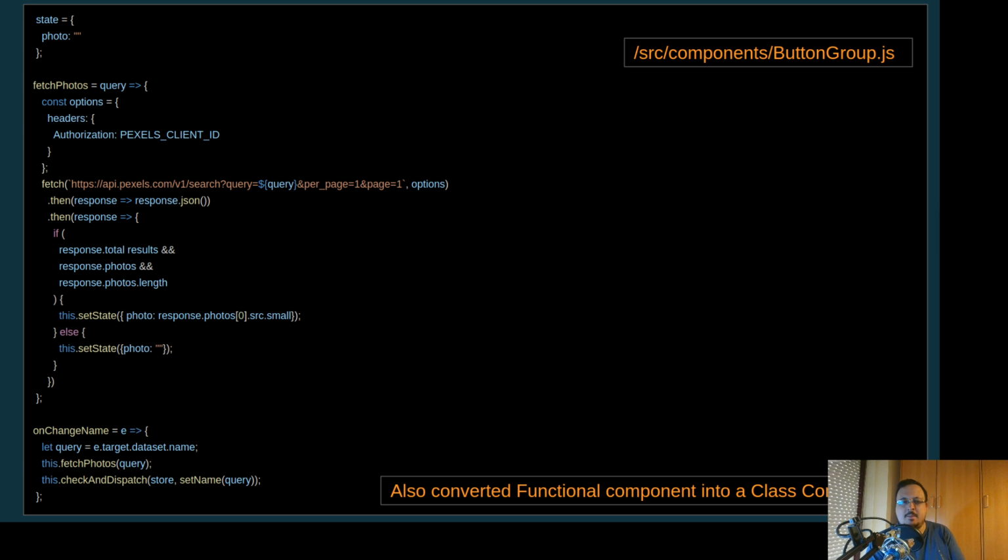Remember that it's a quick example, not done for being perfect in all cases. Maybe in this example you fetch the photos before, but checkAndDispatch throws an error. So just keep in mind that it's a quick example for you to see things.